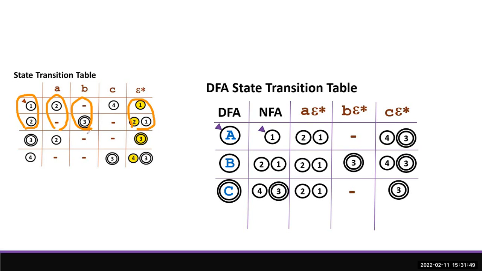So the empty string of this, actually you will get to B string and you will actually go to state 3. And then you have the C string combined with the empty string, you get to 4-3. We get to 4-3.